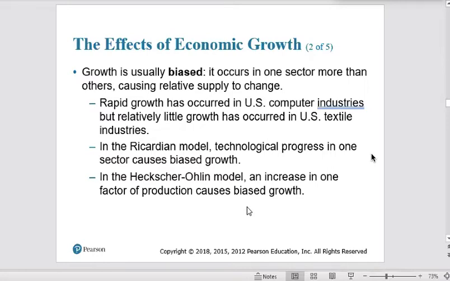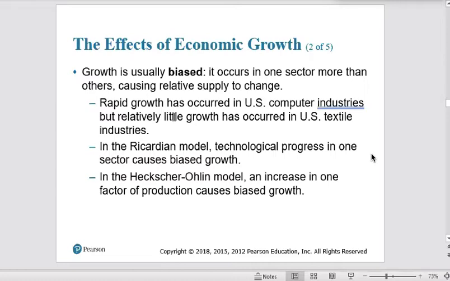So that will result in biased growth. It occurs in one sector more than the others, causing relative supply to change. And here, the example we have is that rapid growth has taken place in the US computer industries, but relatively little growth has occurred in the US textile industry, the clothes industry.